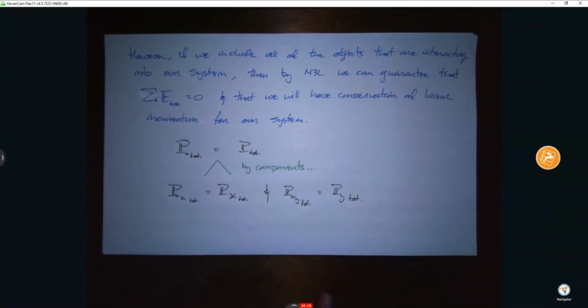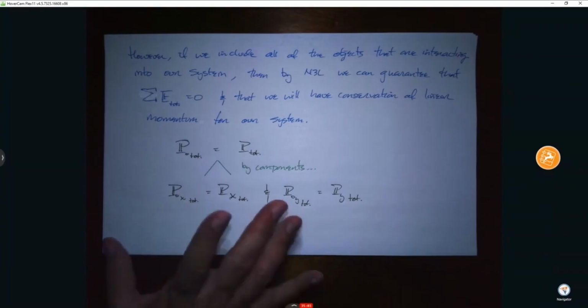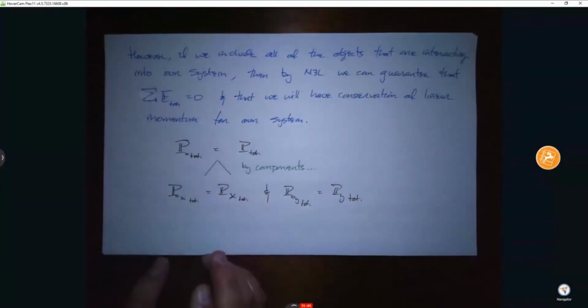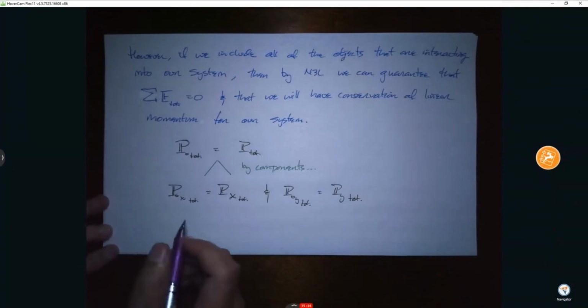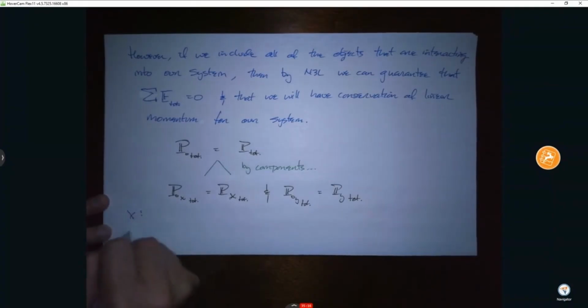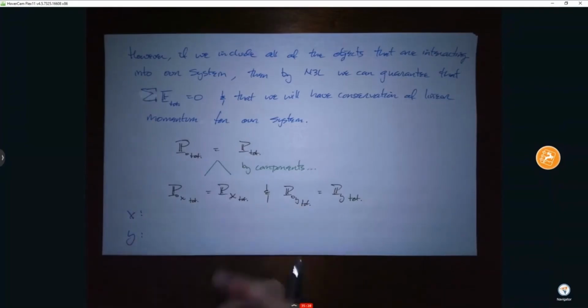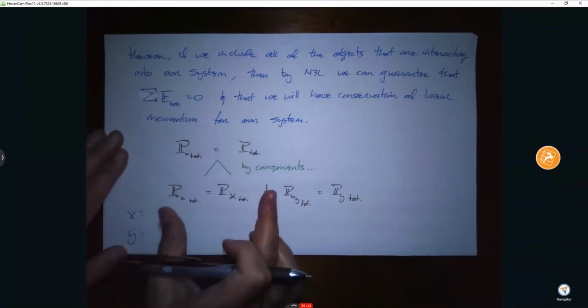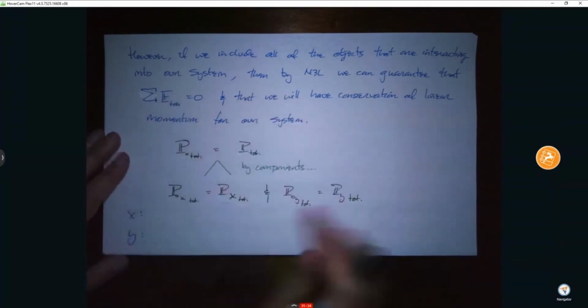And then if we want, we can go in and write down the equations that we get. With this triple subscript stuff, I'm going to show you a different way to note our initial and final quantities. So in our X direction, and in the Y direction. The way that I usually do this is, let's assume we only have two objects in our system.